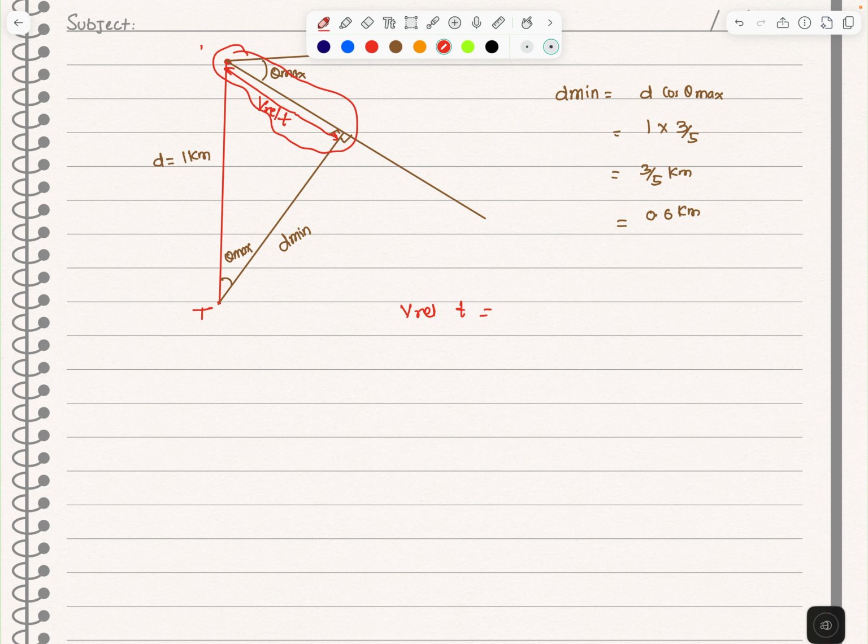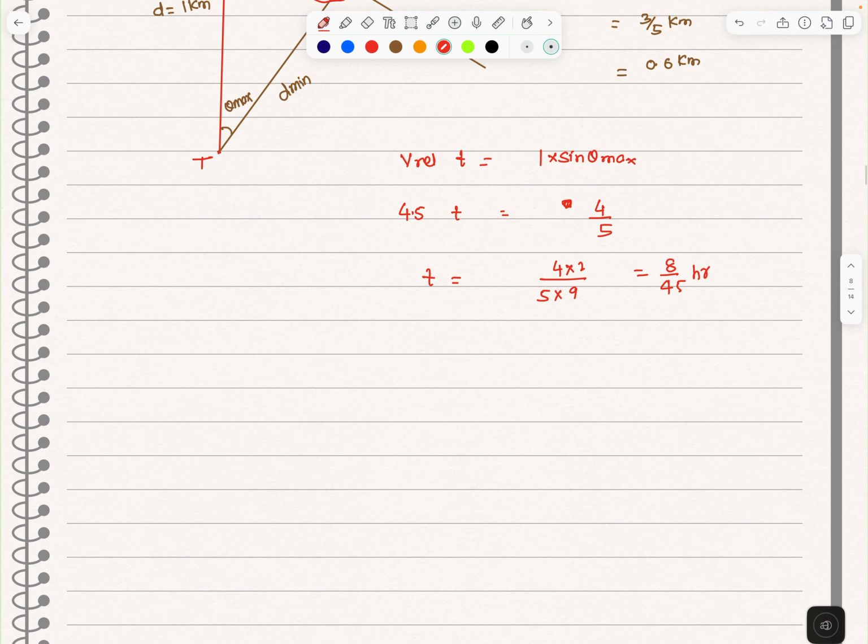And from this triangle I can write it is 1 into sin theta max, the projection on this line. So v relative 4.5 into t equals sin theta max, which is 4/5. So the value of t is 4/5 divided by 4.5, which is 8/45 hour.